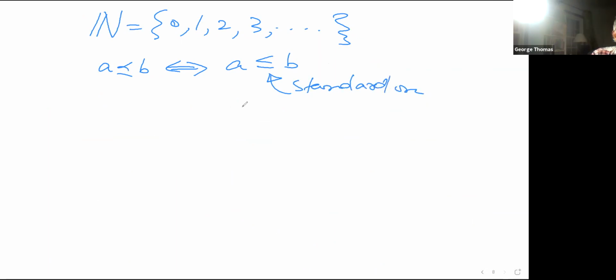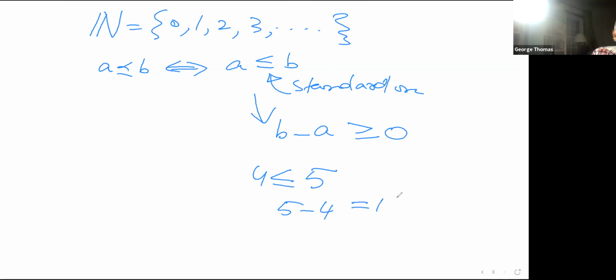That is the same as saying B minus A greater than or equal to 0. We agree. 4 less than or equal to 5, because 5 minus 4 is 1, greater than or equal to 0. 4 less than or equal to 15. Is that true?